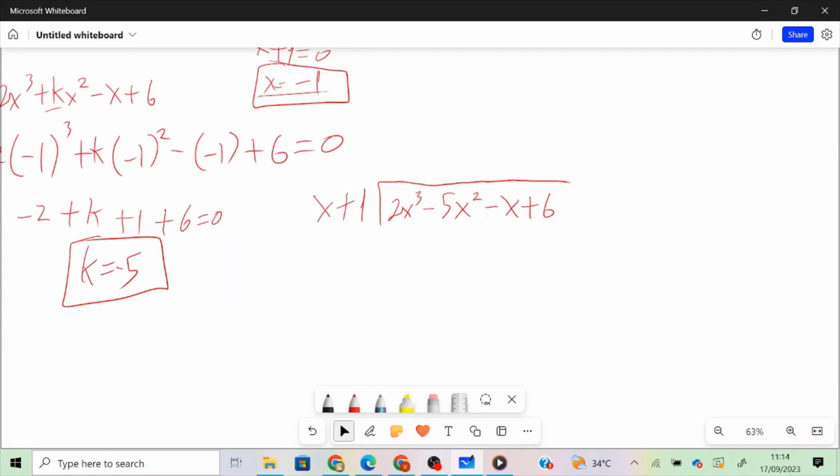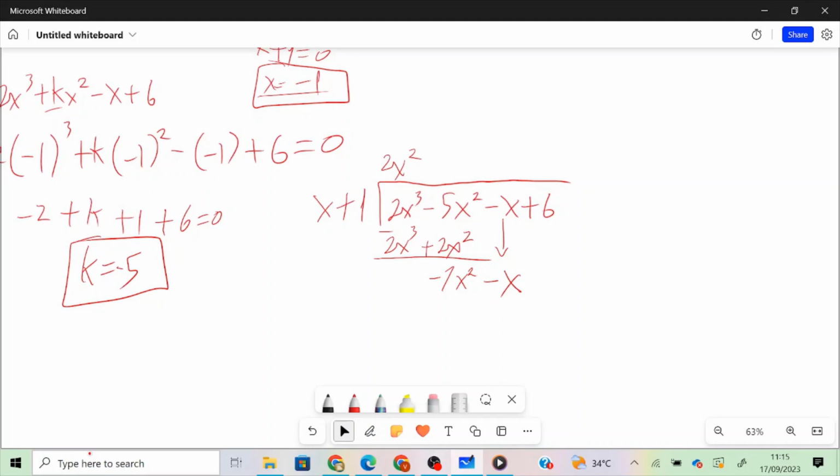So going ahead and doing this, 2x cubed divided by x gives me 2x squared. 2x squared times x is 2x cubed, and 2x squared times 1 is plus 2x squared. Subtracting, 2x cubed minus 2x cubed is 0, minus 5x squared minus plus 2x squared, that should be minus 7x squared. You bring down your minus x.